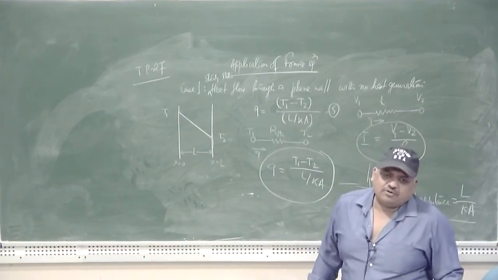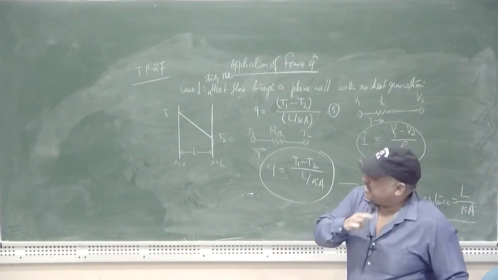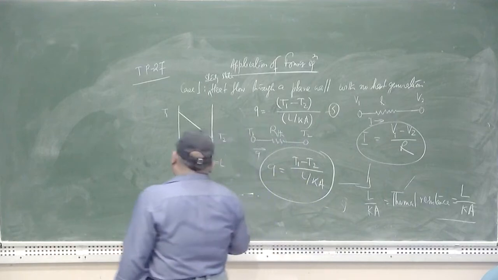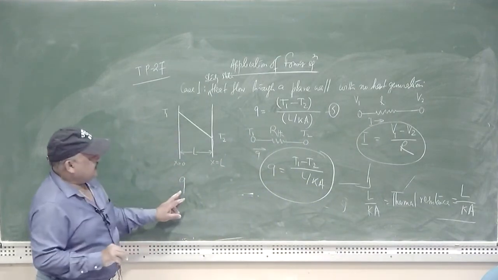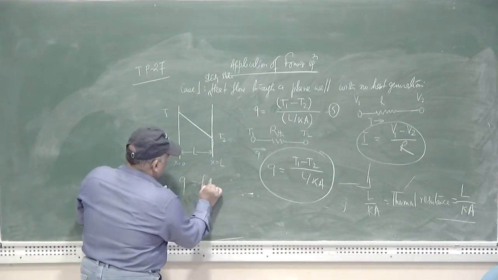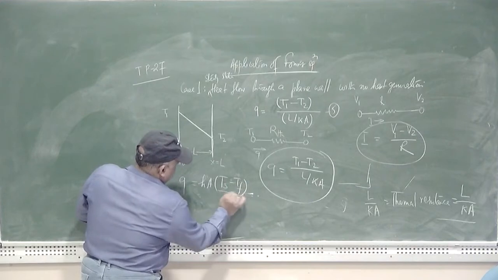On a similar sort, if I am considering a convective heat transfer, then in the case of convective heat transfer, in the previous classes, in the preliminary classes, I have given you the idea, that is the heat flux in that case will be equal to H into A into temperature of the surface minus temperature of the fluid. So this is your temperature difference.